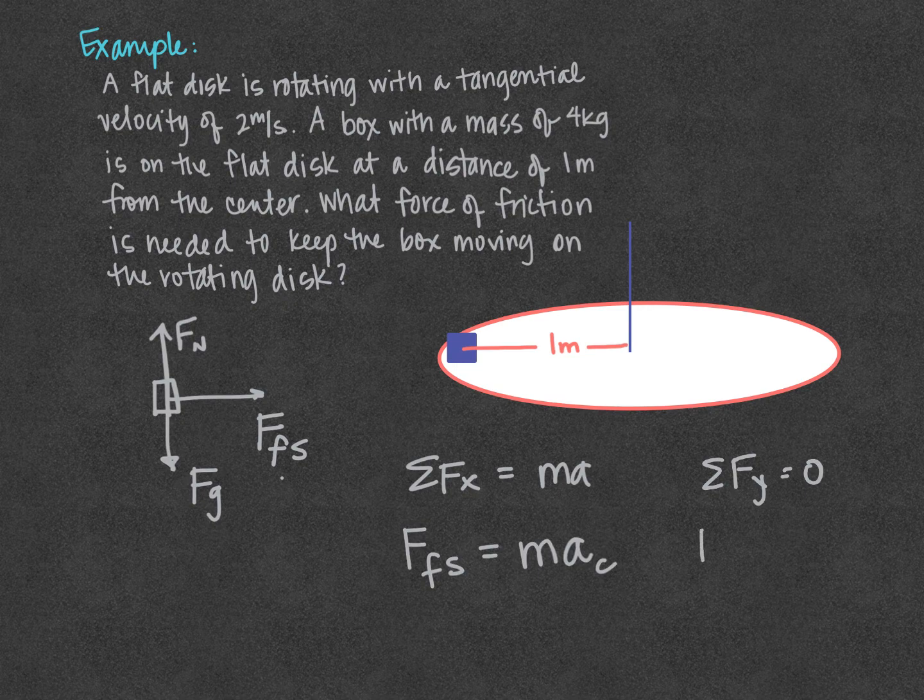And then in the y direction, I have a normal force up and a weight force down. So the question asks for the force of friction, which is this right here. I think that we've got the mass of the object, and then a sub c is that special acceleration that is directed towards the center, and we have a function to determine that.